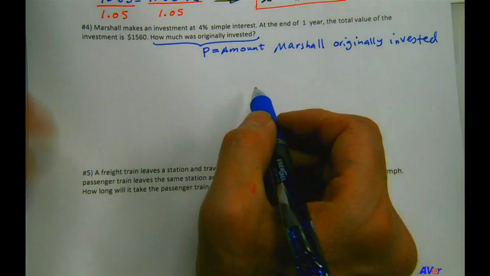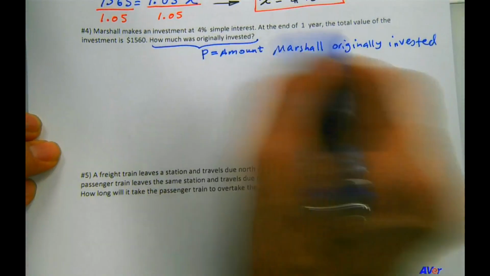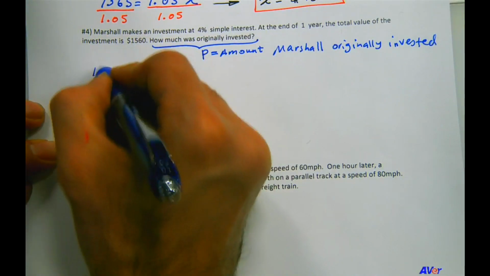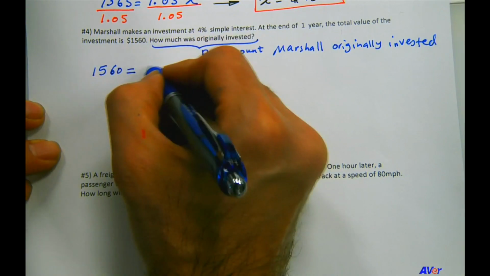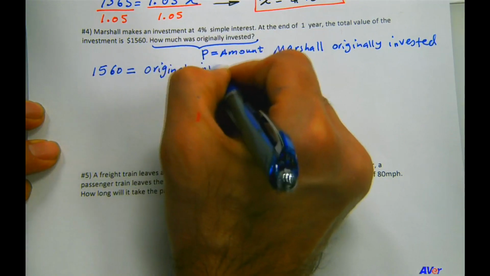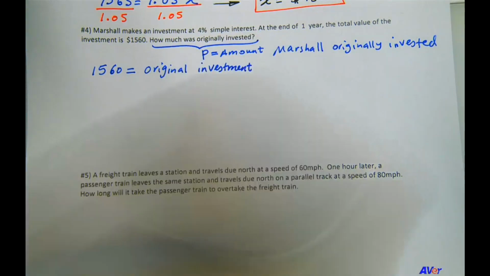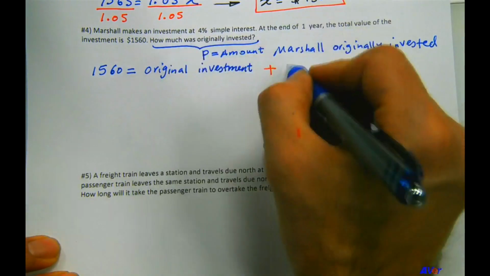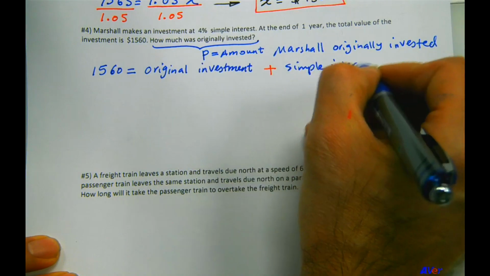So, what do we know? What are the knowns? We know that at the end of 1 year, the total value of the investment was this much, right? 1,560. It includes the original investment plus the simple interest, right?